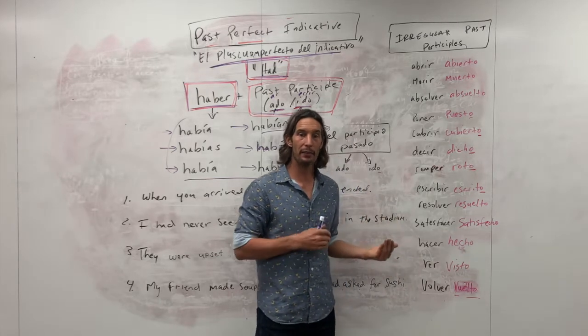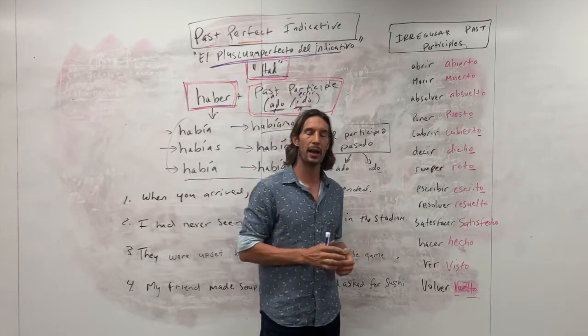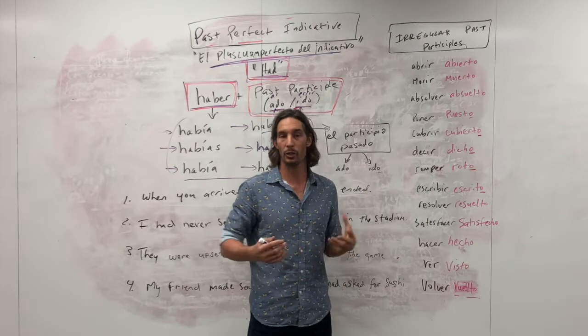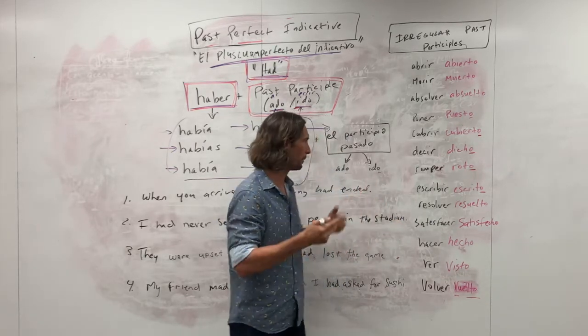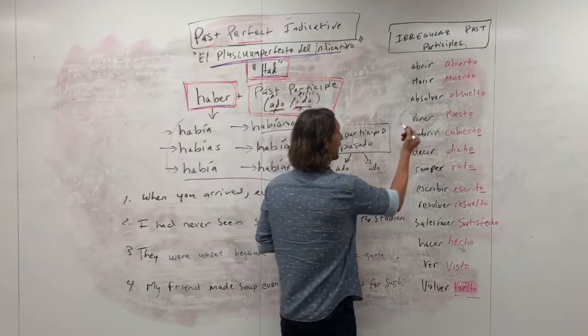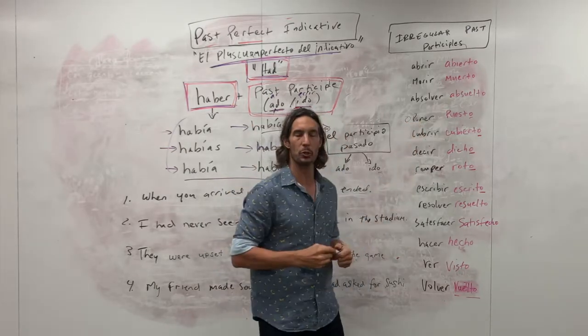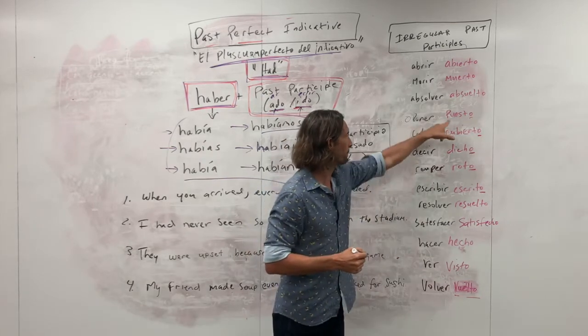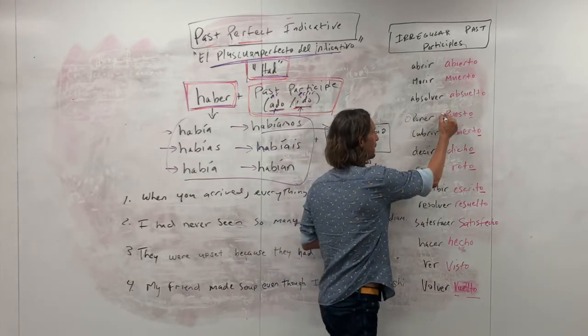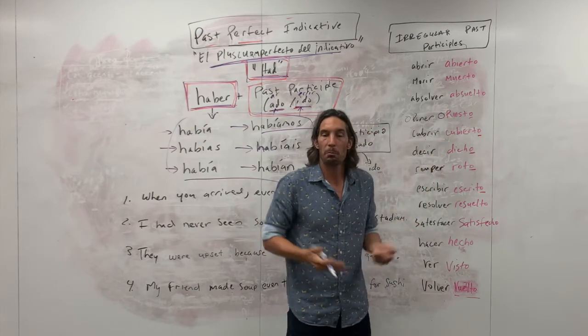Now, a lot of these actually have prefixes, and I'll highlight a couple of those. Obviously the prefix will, for example, before I get too carried away, we'll just put oponer here, which means to oppose. So oponer, with its past participle being puesto, would just become opuesto, right?